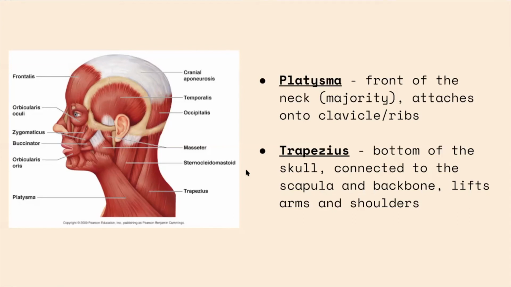The occipitalis is the origin for the trapezius. It's connected to the bottom of the skull. And it is also connected to our scapula and our backbone, and it helps lift our arms and shoulders. So it brings them up. That's what it helps with. Do you see where the trapezius is? It's covering the back of your neck while the platysma is covering the front of your neck.